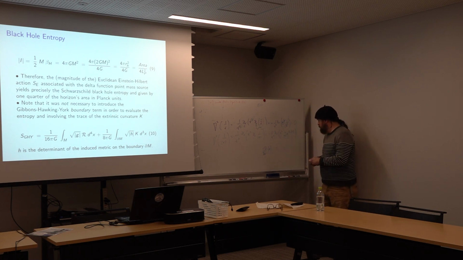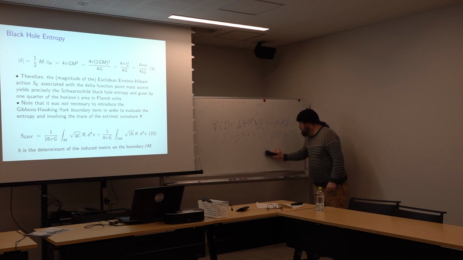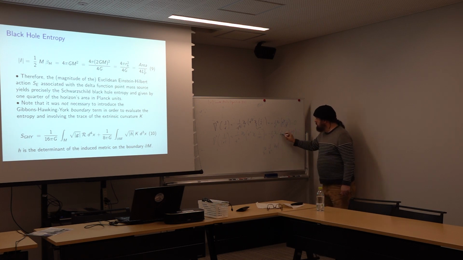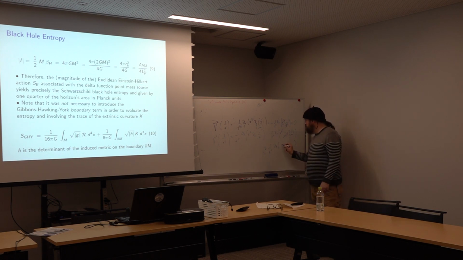So what I'm going to get here is 1 over r squared times the derivative. Remember this is going to cancel with that, and the derivative of the modulus is going to give me the sign function.